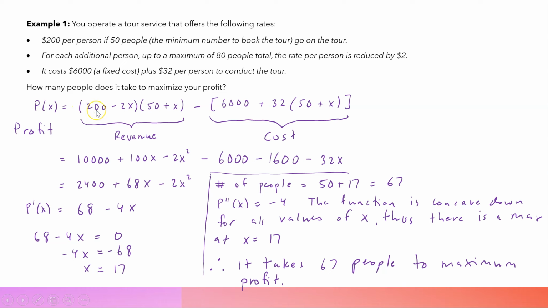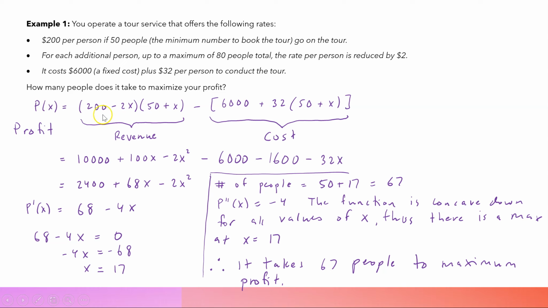So the first thing that you're going to have to do is write a profit function. Now recall that a profit function involves a revenue function as well as a cost function. So our revenue function can be modeled with this expression. The first part of the expression involves the amount of money that can be made per person.